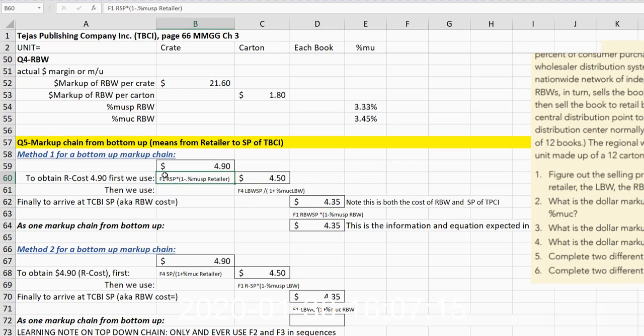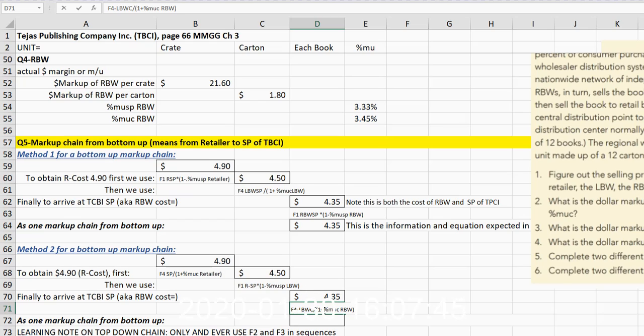Formula F4 to formula F1 to formula F4. Okay, so let me correct some typos here. Sorry about that. We have the local wholesaler's selling price, and we need to determine the regional wholesaler's cost.